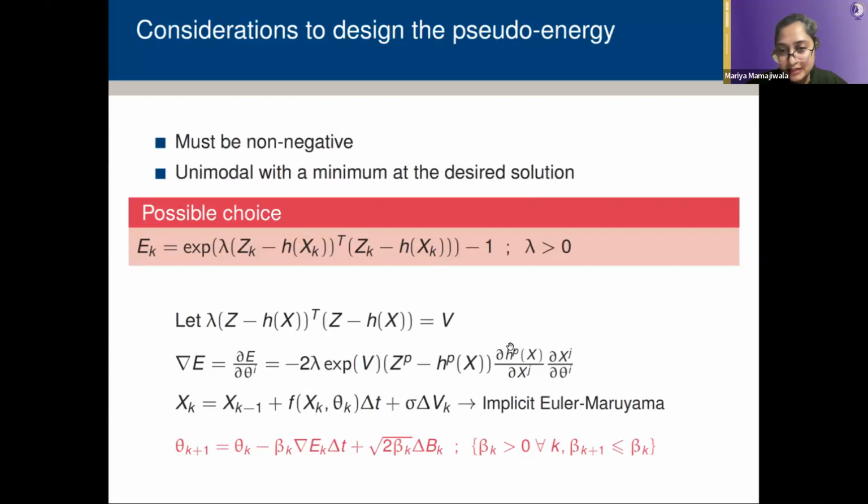And here the repeated indices mean that it has to be summed over. So if we sum over p's, sum over j's, what we're left with is a vector of size equal to the number of unknown parameters. So just for completeness, for this particular choice of E and this value of gradient of E, this is what the modified parameter dynamics looks like.